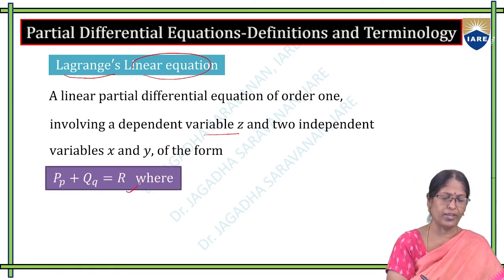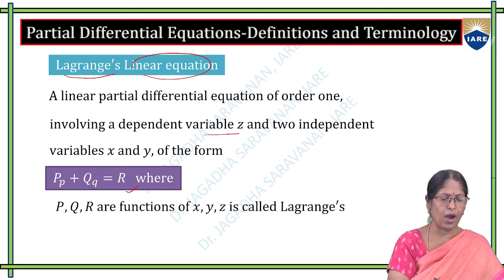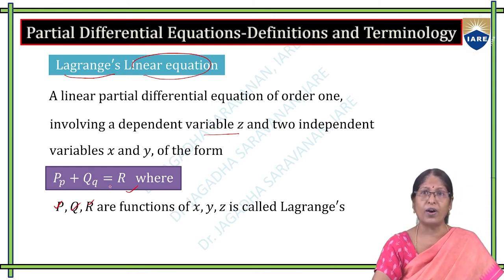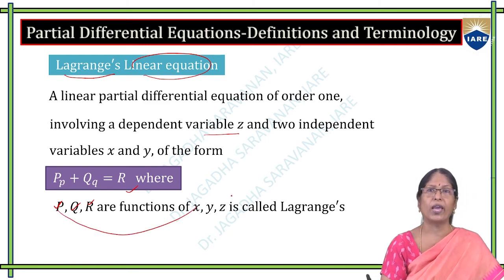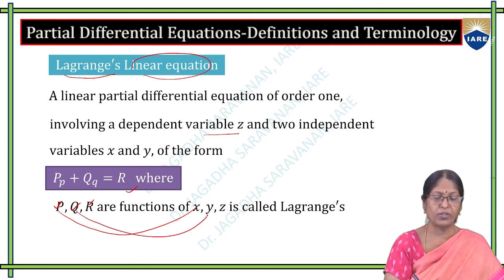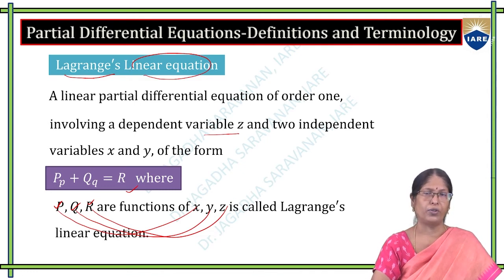That formulation is Pp plus Qq equal to R, where P, Q, R are functions of x, y, z, which is called Lagrange's linear equation.